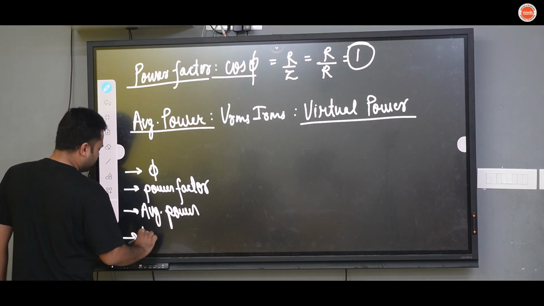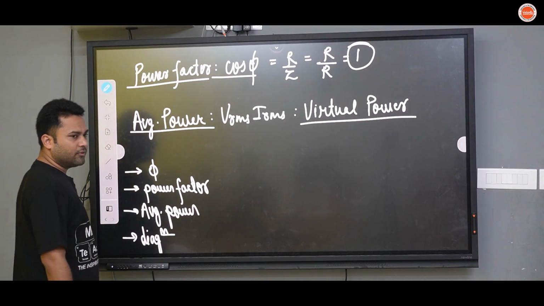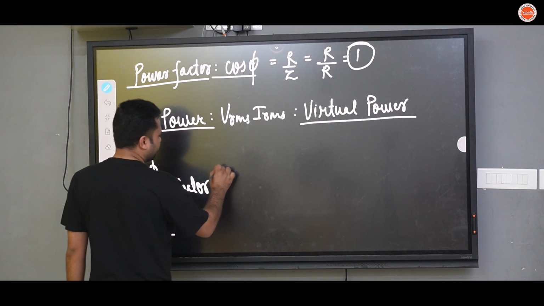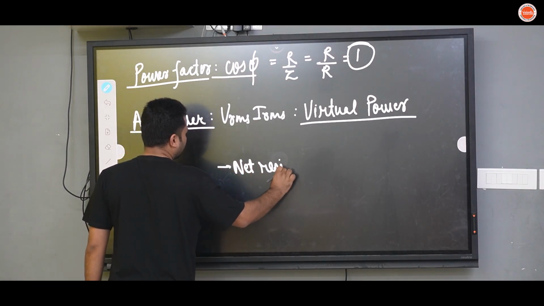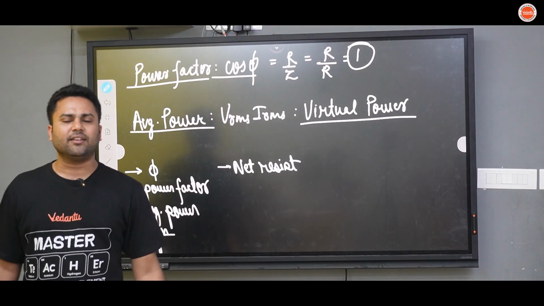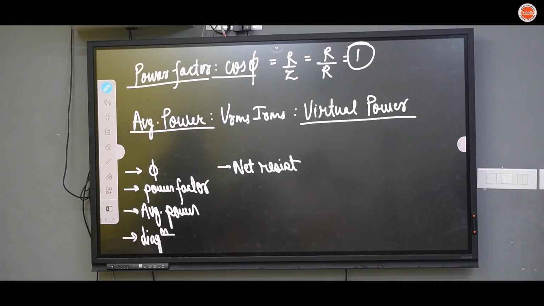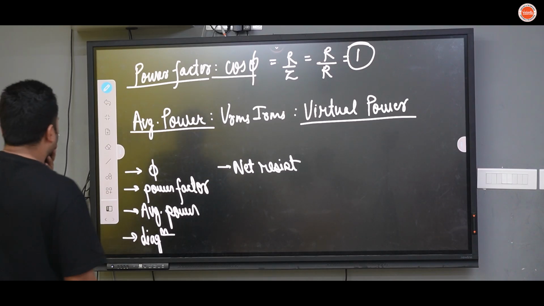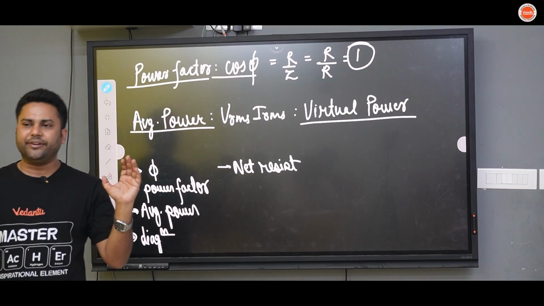Fourth is the phasor diagram. Fifth is the net resistance. These 5, 6 things they repeatedly ask in all the 6 cases. So you have to remember these points. All the points which I am telling now are very important.